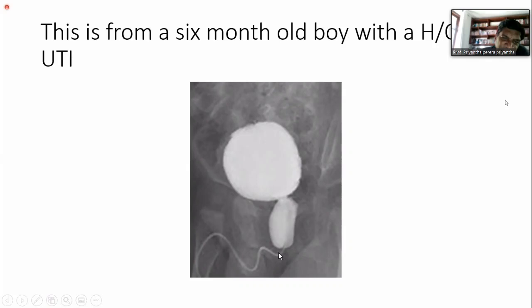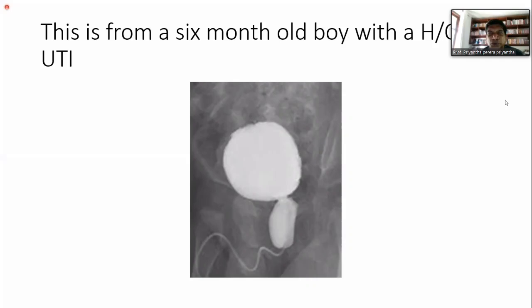And the other thing, in an IVU you generally see the kidneys and ureters. So there are two radiological images done in the renal tract, IVU and MCUG.